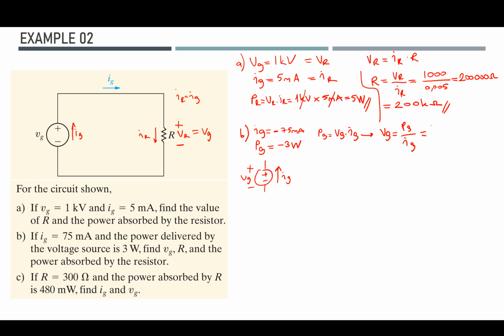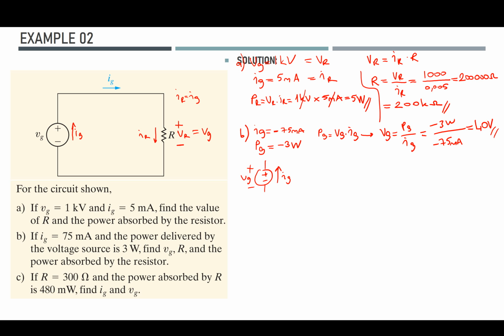That's going to be minus 3 watts over minus 75 milliamps, which would give me 40 volts. So I have calculated the value of the VG.